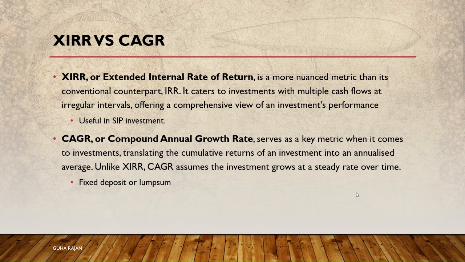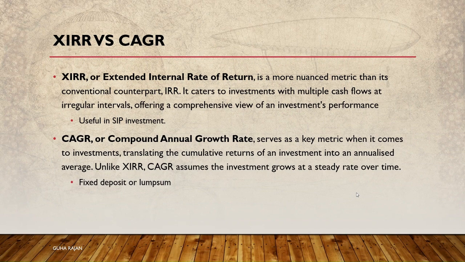It is the compound annual growth rate, like with fixed deposits. You deposit some amount, say 5,000, and you don't take it out for 2 or 3 years. Each year it is 6%, but since the interest is reinvested, you get a compounded annual interest rate. So CAGR is more common with fixed deposits or lump sum investment in mutual funds.